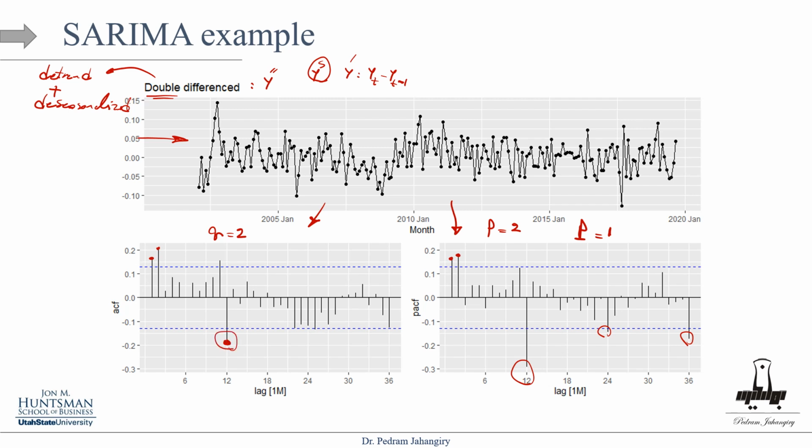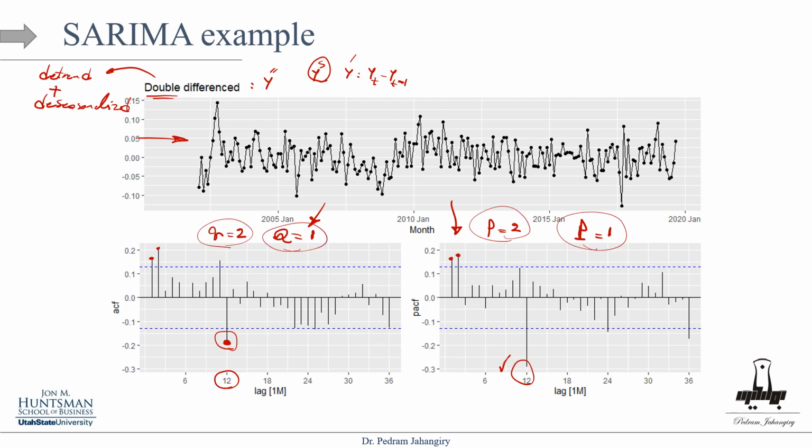So maybe, from the previous slide it was inconclusive, but now when I see large at lag 12, I would say maybe capital letter Q equal to 1 is also a good candidate, right? So here, the same story we had for capital letter P. If this was also large and significant, I would say capital letter P is equal to 2 or 3. But again, combining this one with the previous PACF, this is suggesting that these are good candidates.